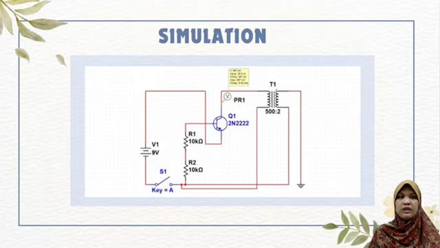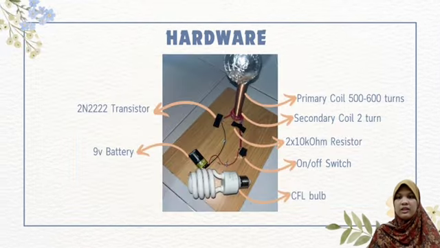To prevent overheating, we are adding a 20k ohm resistor to the circuit, because by increasing the resistance, the current flow is reduced, which helps keep the transistor from overheating. This is the hardware of our project.